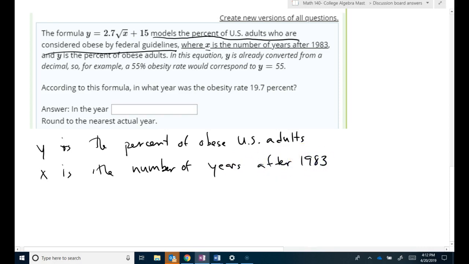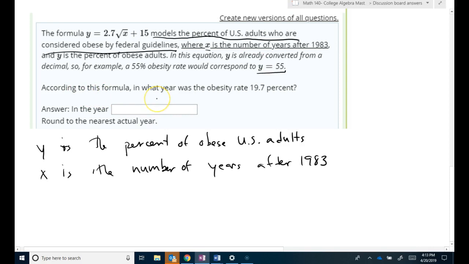Okay. And then it gives us some other information. In this equation, y is already converted from a decimal. So for example, a 55% obesity rate would correspond to y equals 55. That's important because we don't want to change it and make it 5,500%. That doesn't make any sense. So we want to make sure that we understand what our numbers represent.